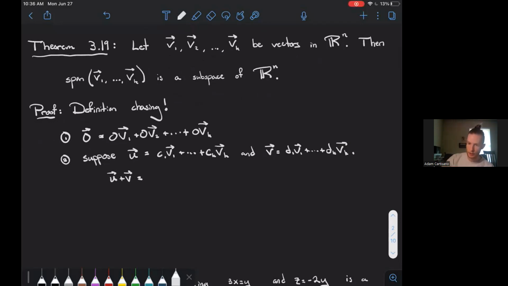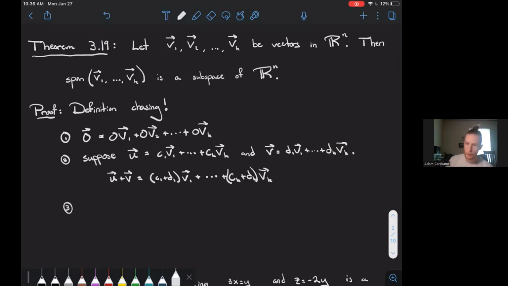Rearranging that sum and factoring out constants, it looks like this: (c1 + d1) v1 plus, all the way up to (ck + dk) vk. That is a linear combination of the vectors v1 up through vk. So again, the sum is inside the span.